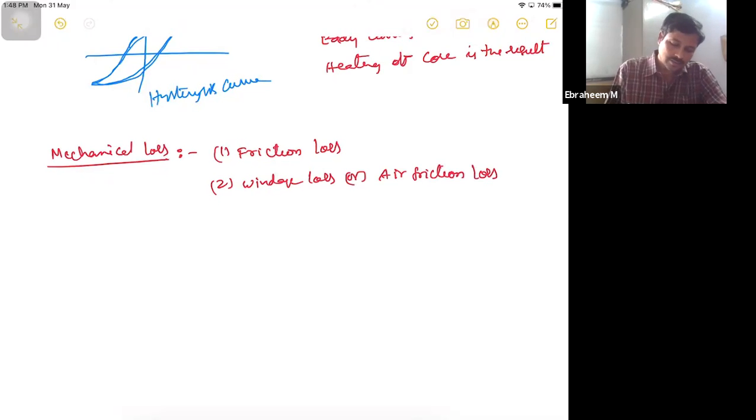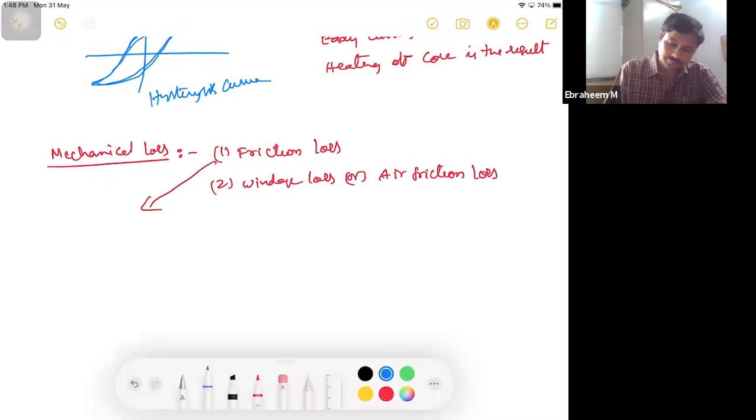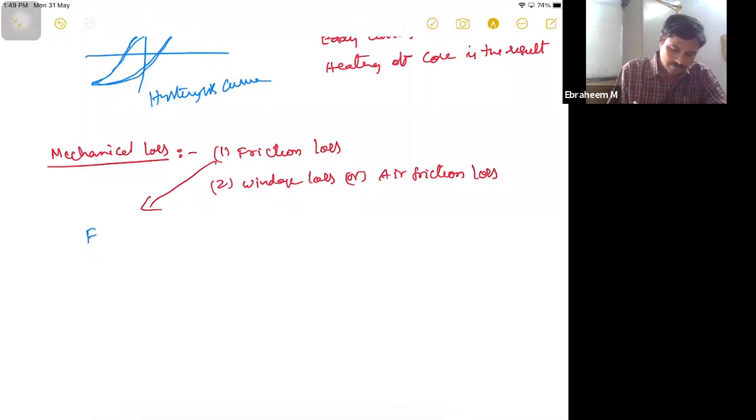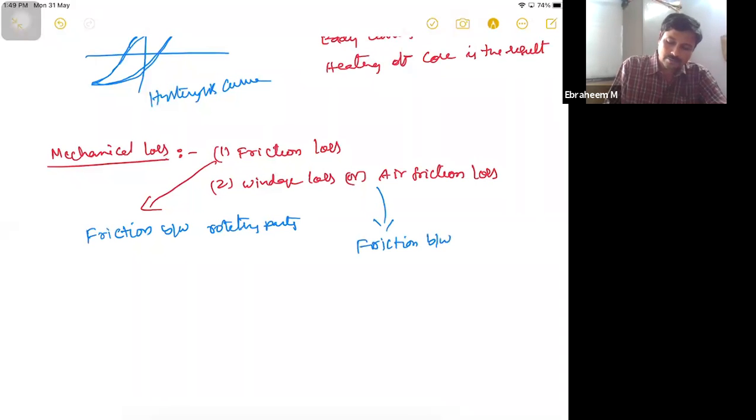Friction loss is because of friction between rotating parts, and windage loss is friction between air and rotating parts. I think it is clear, nothing to explain here, right?